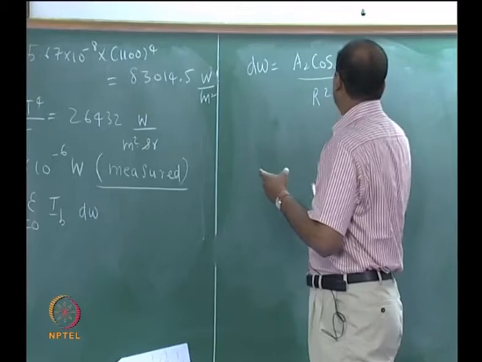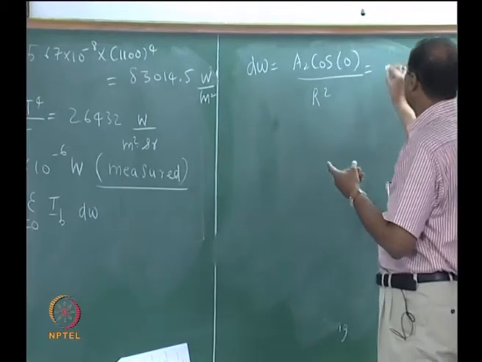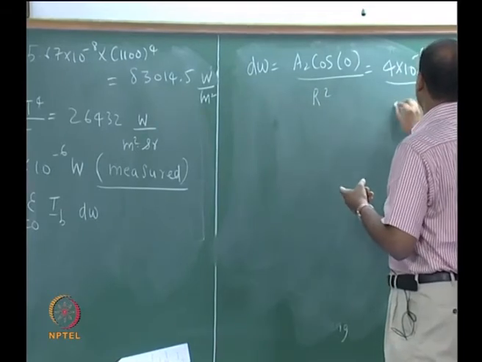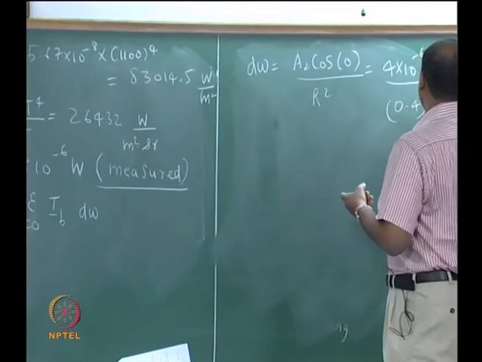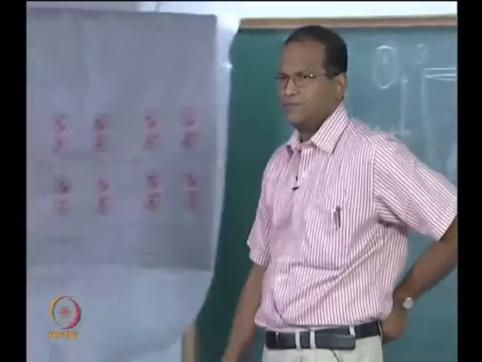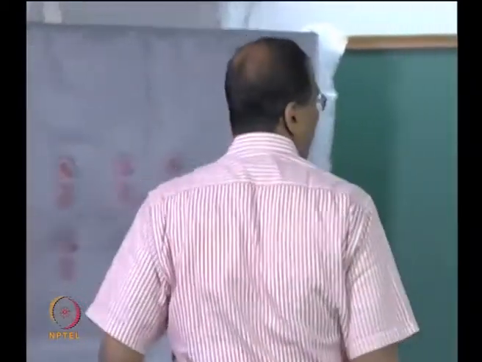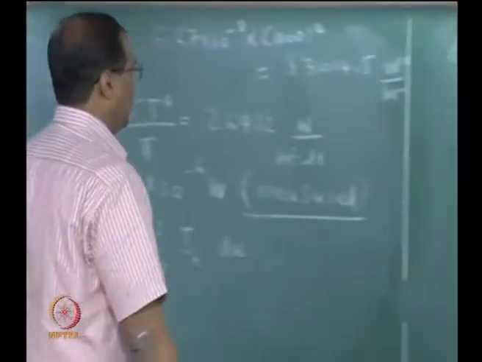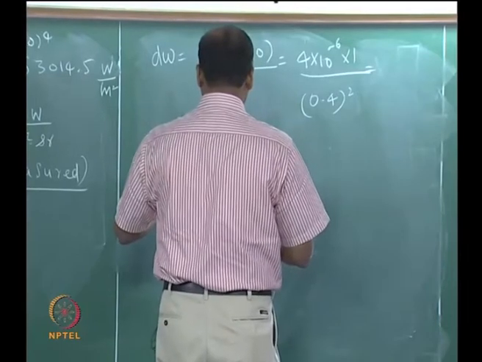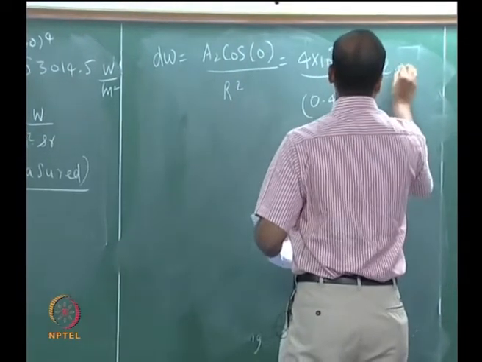Yeah, please tell me, A2 is so how many steradians? I have 2.5 10 to the minus 5, correct?